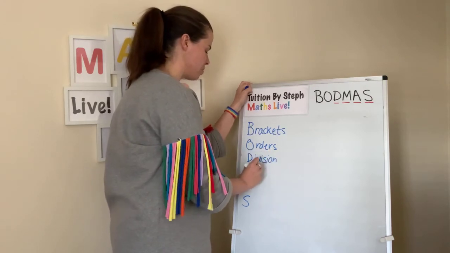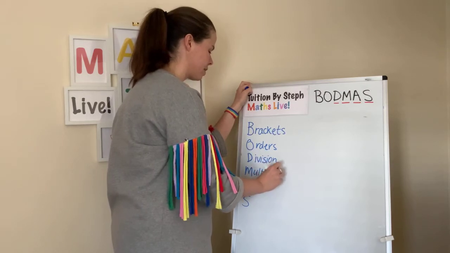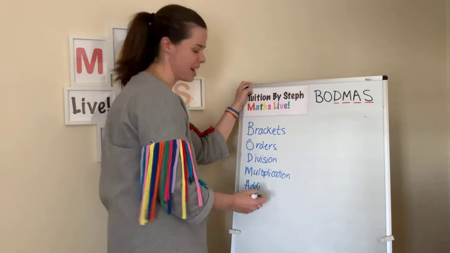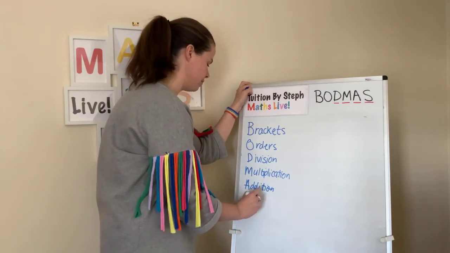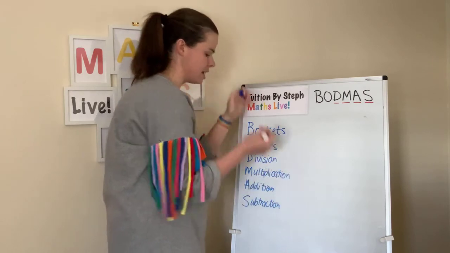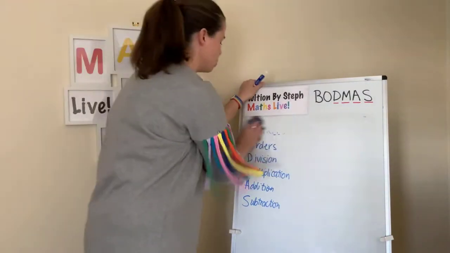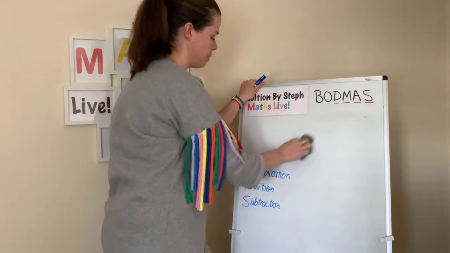M stands for multiplication. A stands for addition, and I'm sure you can guess what S stands for. Subtraction. It is these 4 that we're going to be focusing on today. So we're not going to be looking at the brackets and the orders. I'll explain more about that tomorrow.